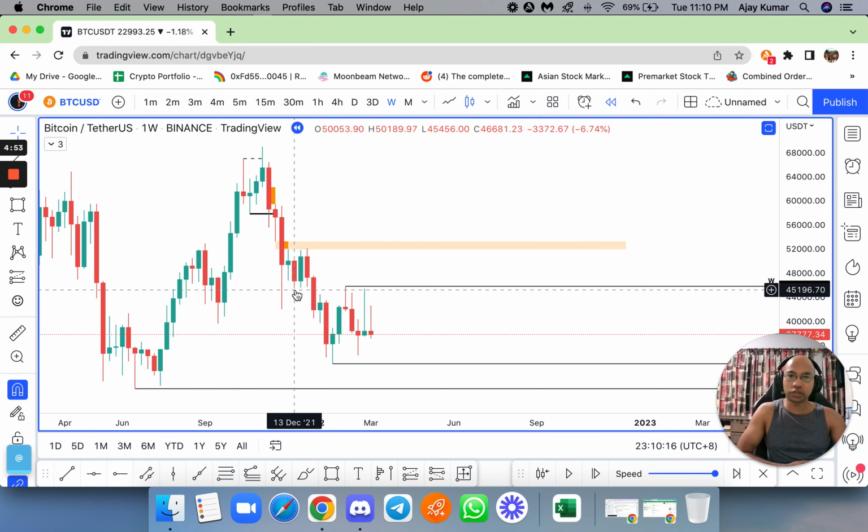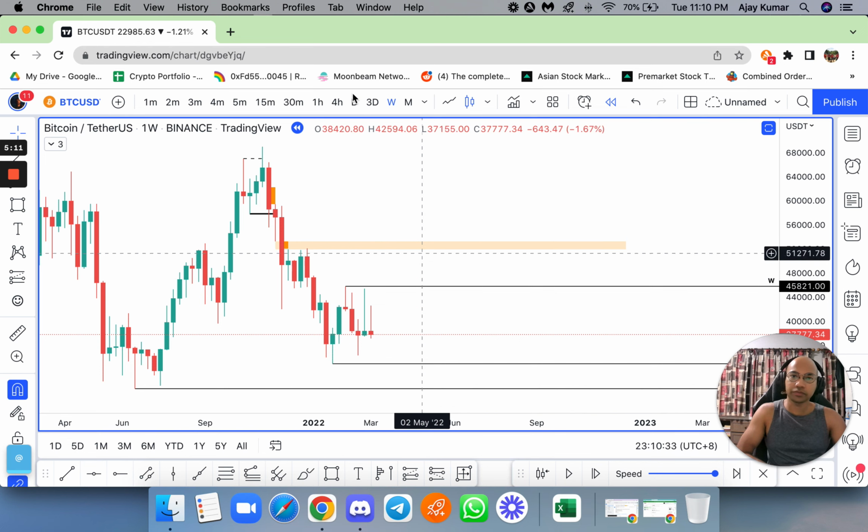Sometimes you have to be a bit loose, a bit free, right? So the lowest point would be in this area, and this would be the market structure break. Okay, I'm not marking that one.